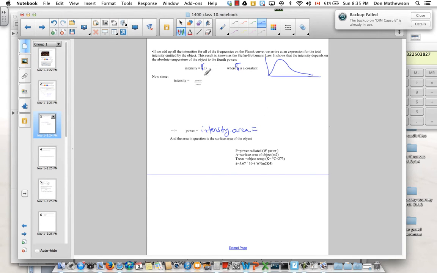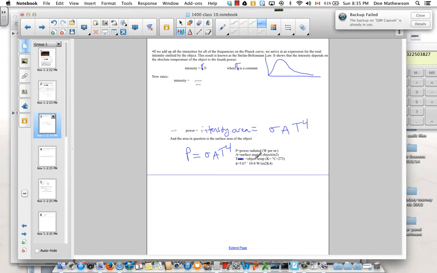The result we get from calculus is that the intensity is sigma T to the fourth, and then we multiply that by an area. That area is the surface area of the object. So the power an object is emitting is a constant times its surface area times its absolute temperature to the fourth.